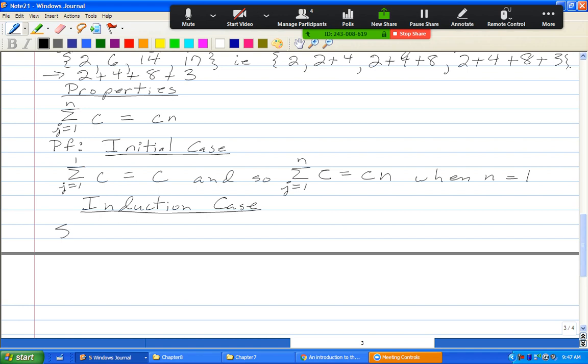Let's suppose that this is true for the first k elements.